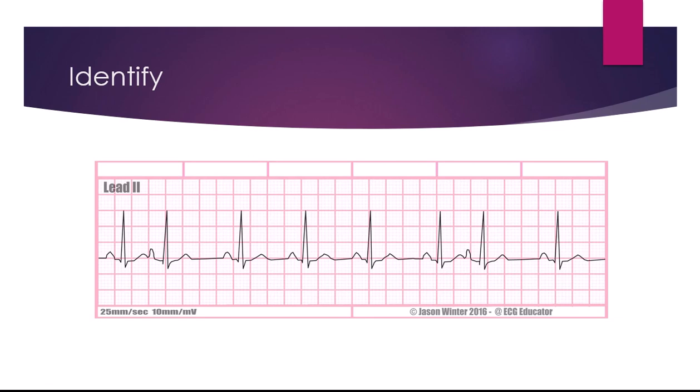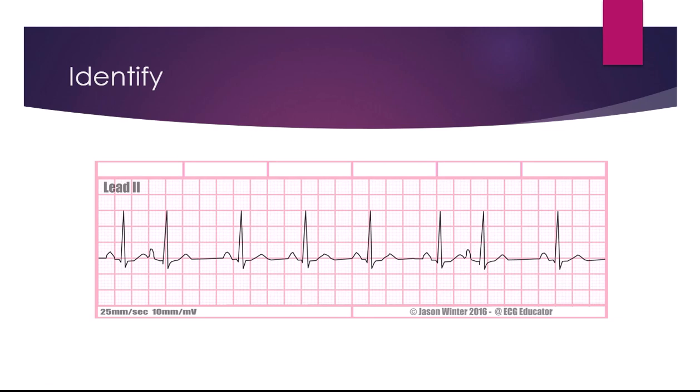Normal sinus rhythm. Why? Because everything is normal. Even if you pull this one out and that one out, your rate is still going to be what? 60. That's a normal rate. So everything about it is normal.